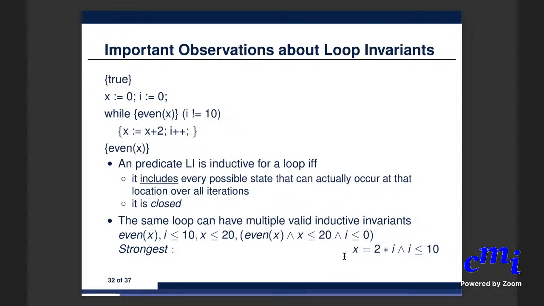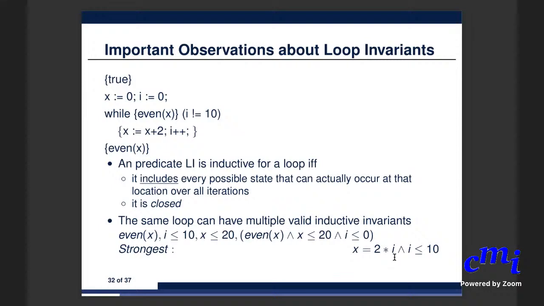A predicate that captures exactly those values would be the strongest inductive invariant. Each of the ones that I've shown above are certainly inductive invariants, but they're not the strongest one. Whereas this one exactly captures that I has to be less than or equal to 10, and X must be equal to 2 times I.